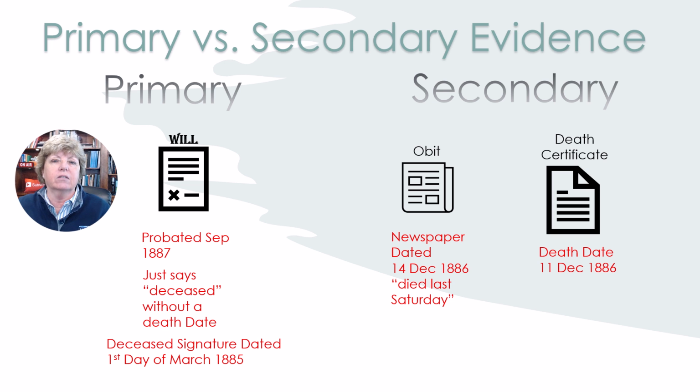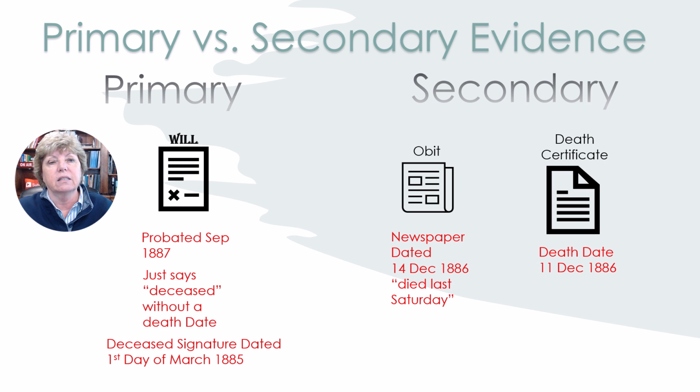So they are considered a secondary source on a death certificate when talking about a birth event. But if this person had firsthand knowledge of the death date, perhaps even witnessed the death, they would have primary evidence within a death certificate about the death date.